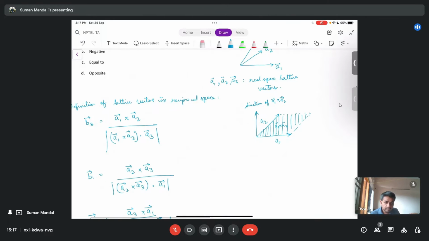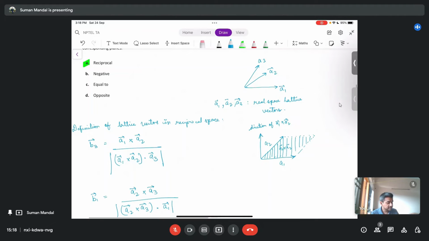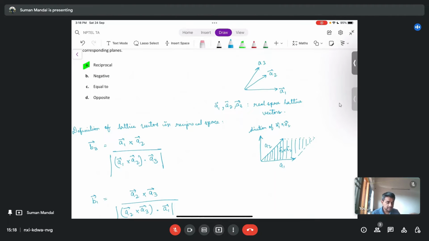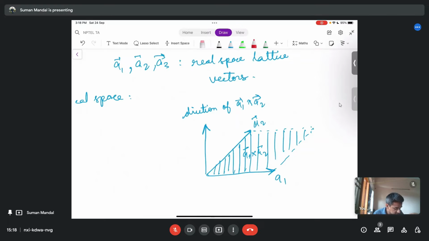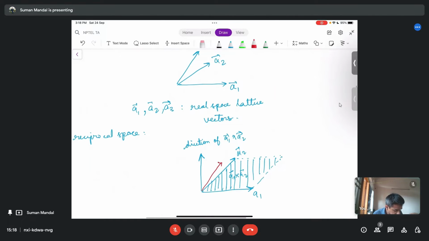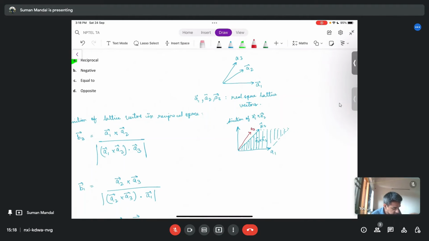So if we now look at the first term for the reciprocal lattice vector b3, from this figure, let this be a2, this be a1. So b3 is in this direction somewhere, and a3, and so we take the dot product in this direction.